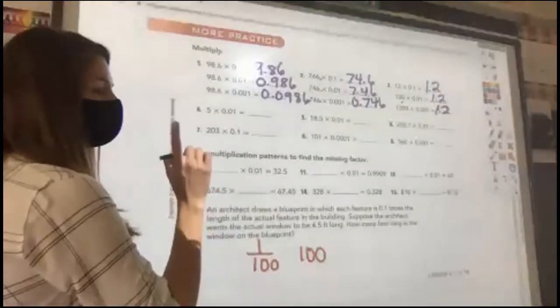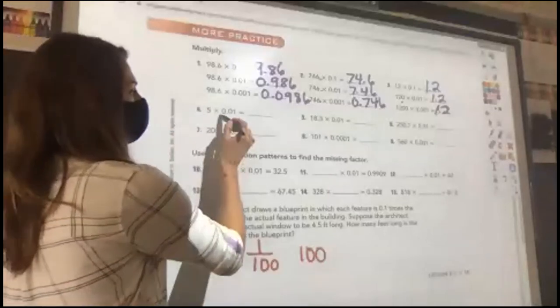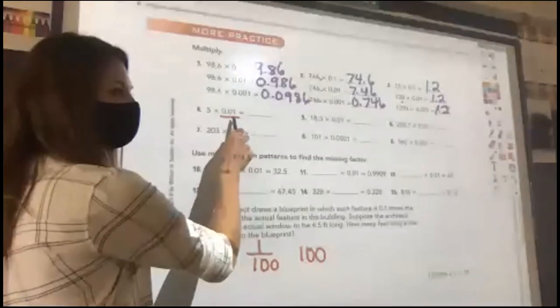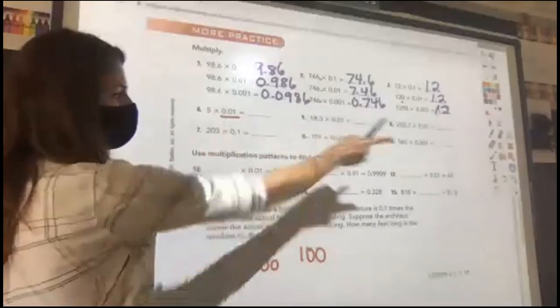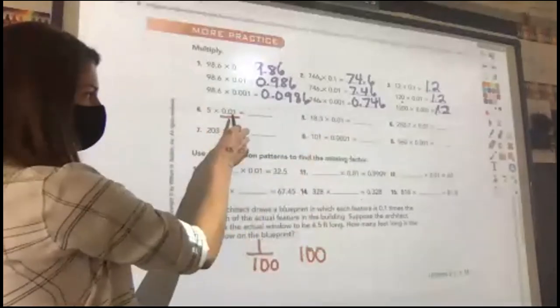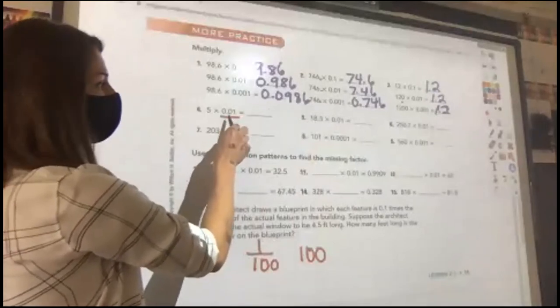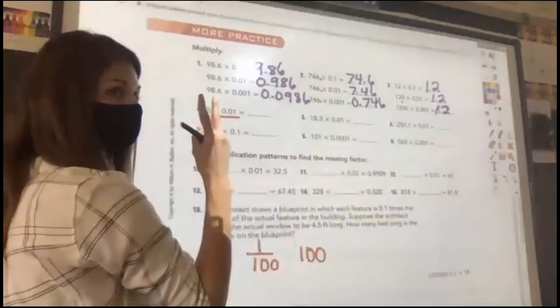Okay, just taking a peek here at number 4. This is your directions: how many place values are you sliding that 5? Are you going into the smaller zone or into the bigger zone, class? Smaller zone because it's a decimal. How many place values are you moving? 2.